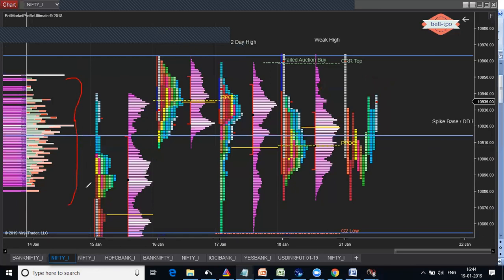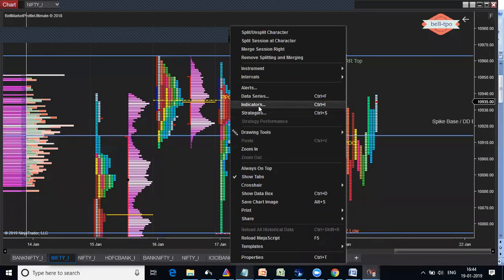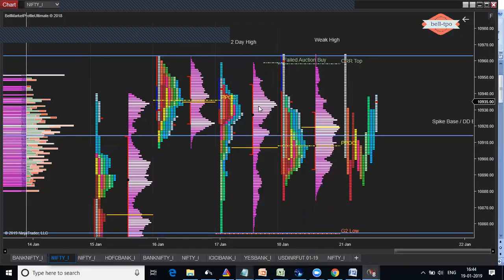It's a daily profile, bifurcation of buyers and sellers only from the daily time frame perspective. But you have to ensure that you right click and go to indicators and make sure that you are selecting the time frame as tick.